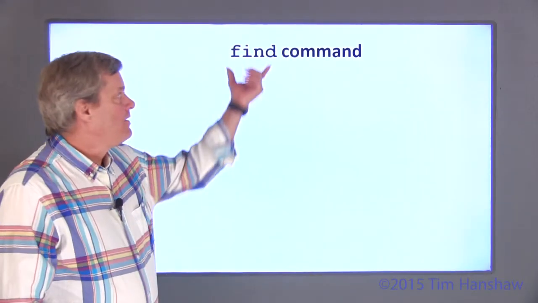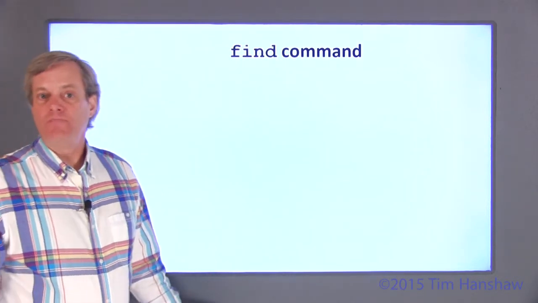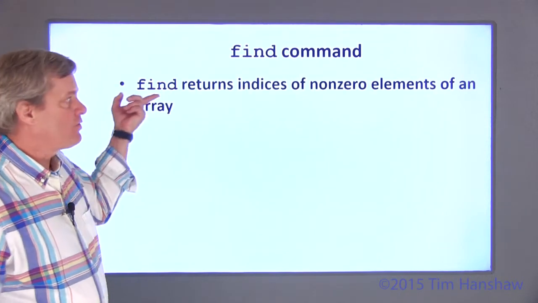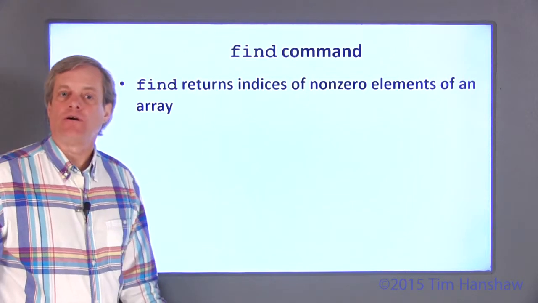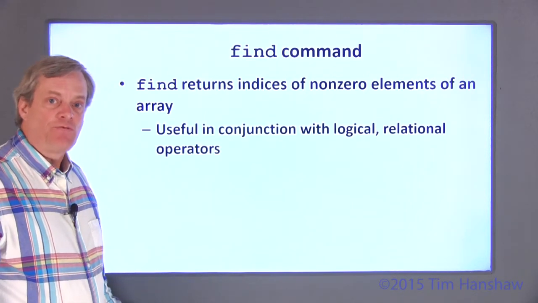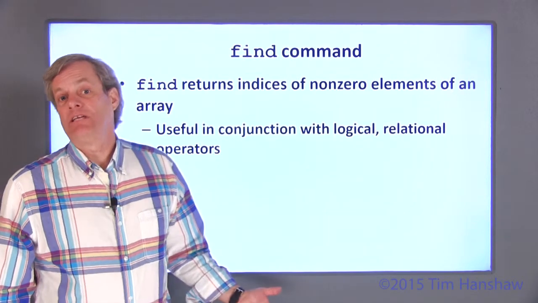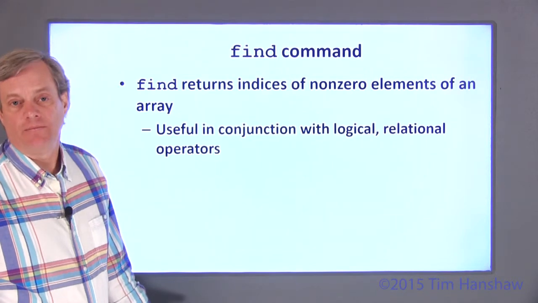There's a command, find, which also allows us to access arrays which meet certain logical or relational criteria. Find returns the indices at which non-zero array elements occur. This is particularly useful if the array sent to the find command is logical, and probably even more useful if logical or relational operators are used to generate the array.